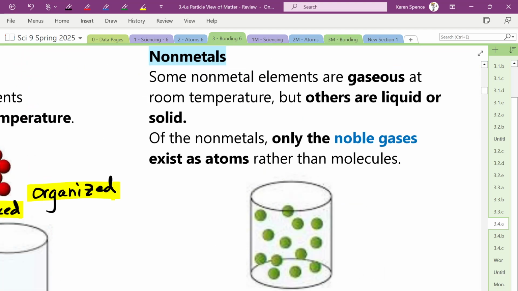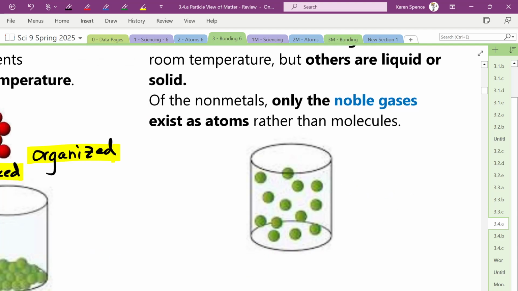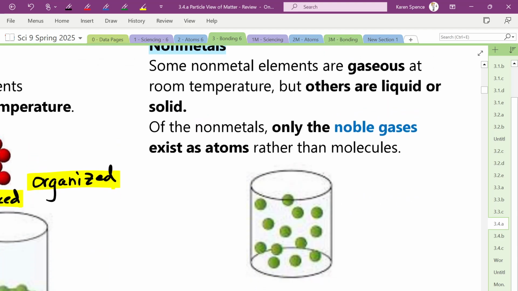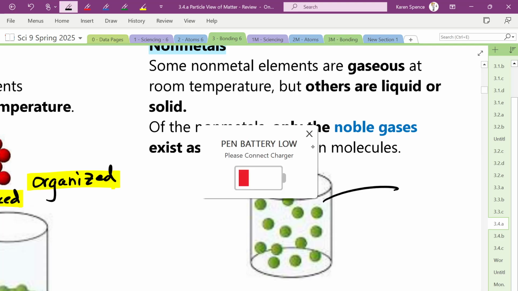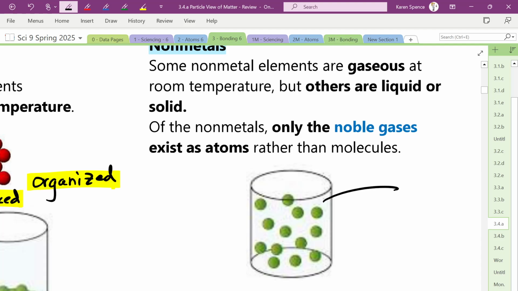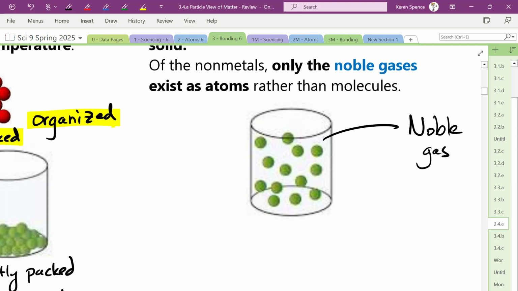We also have nonmetals. And if you see a nonmetal that looks like this, that's going to be a noble gas. Why are noble gases the only nonmetals that are atomic gases, that are gases made of atoms?